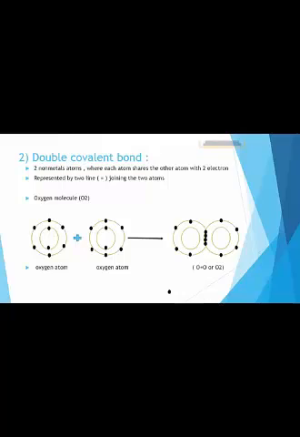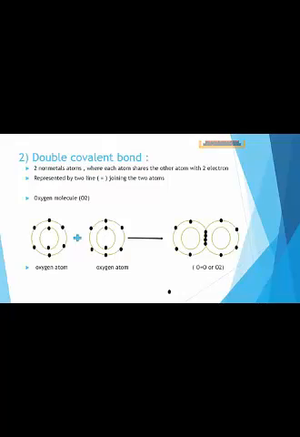The second type is the double covalent bond. It happens between two nonmetals, but in this case each atom will share 2 electrons. So a single covalent bond has 1 electron, a double has 2 electrons, and a triple covalent bond has 3 electrons.